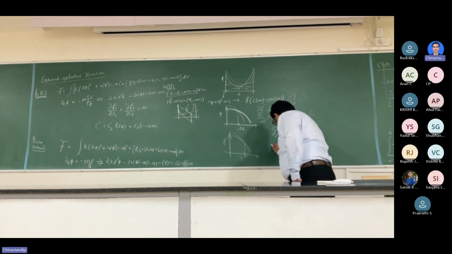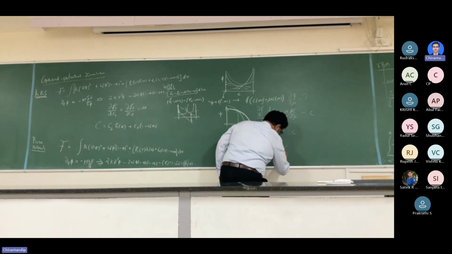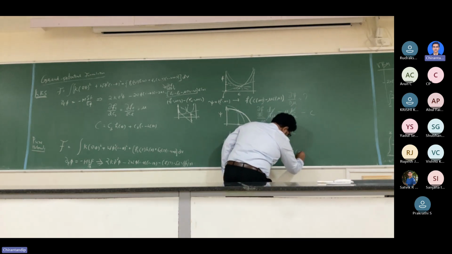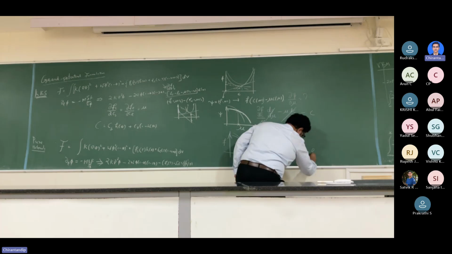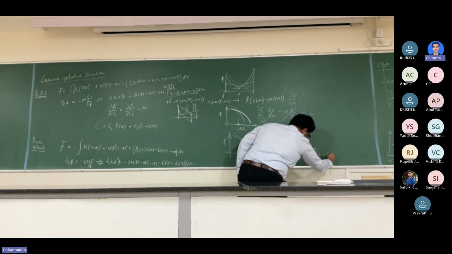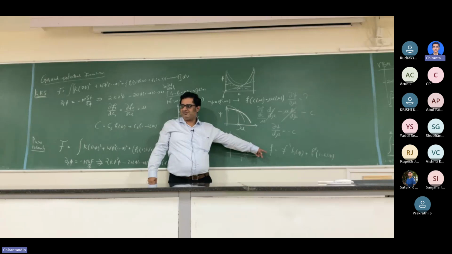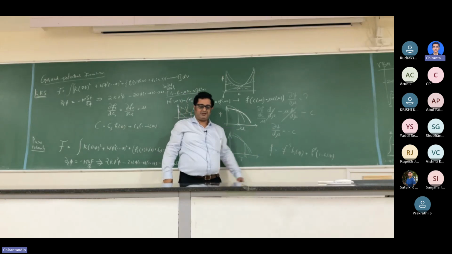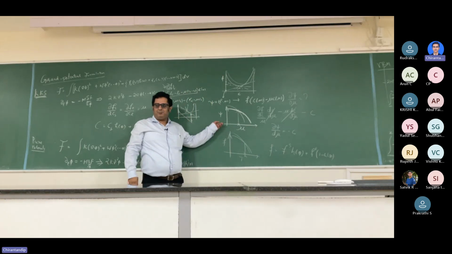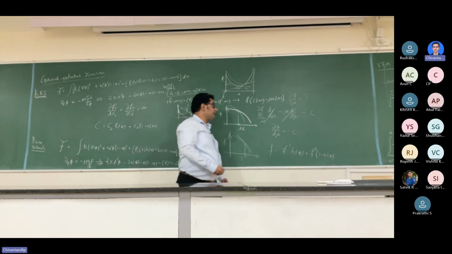What did I do? I wrote down the total free energy of the system as the interpolation of the two, where Fs is a function of temperature, Fl is a function of temperature. And since these two pictures look exactly similar, I am inclined to do the same here.